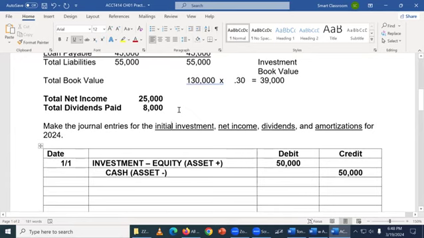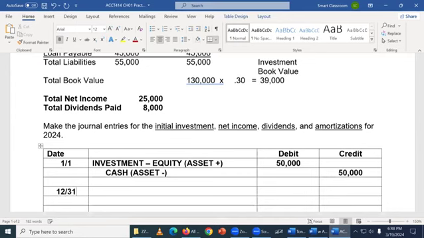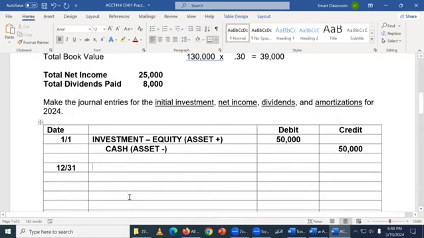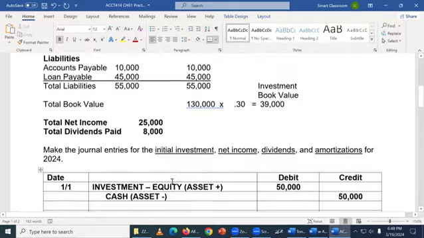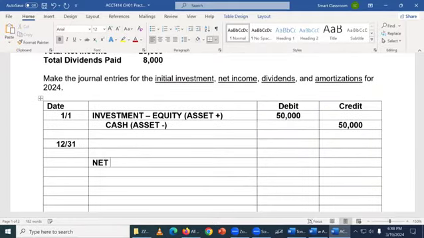Okay, net income. We don't get all that net income, we get 30% of it. $7,500, right? 7,500, you said?